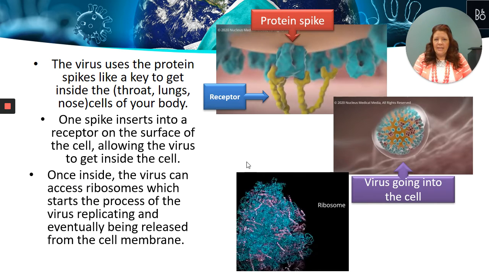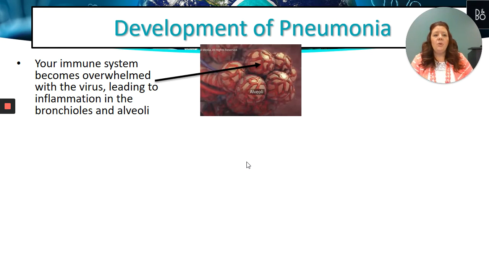Once it's inside, the virus can access ribosomes, which start the process of the virus replicating itself. Eventually it replicates itself so much that it is released back out from the cell membrane. So how does pneumonia develop because of this?